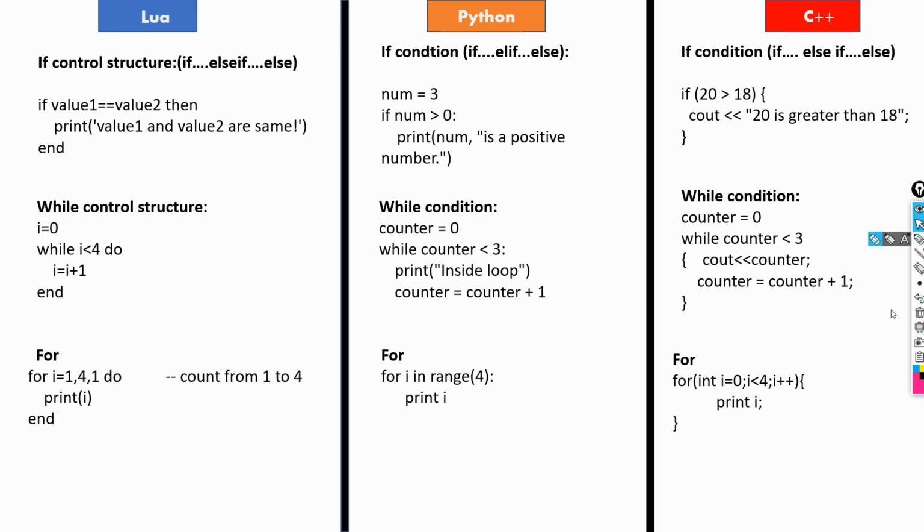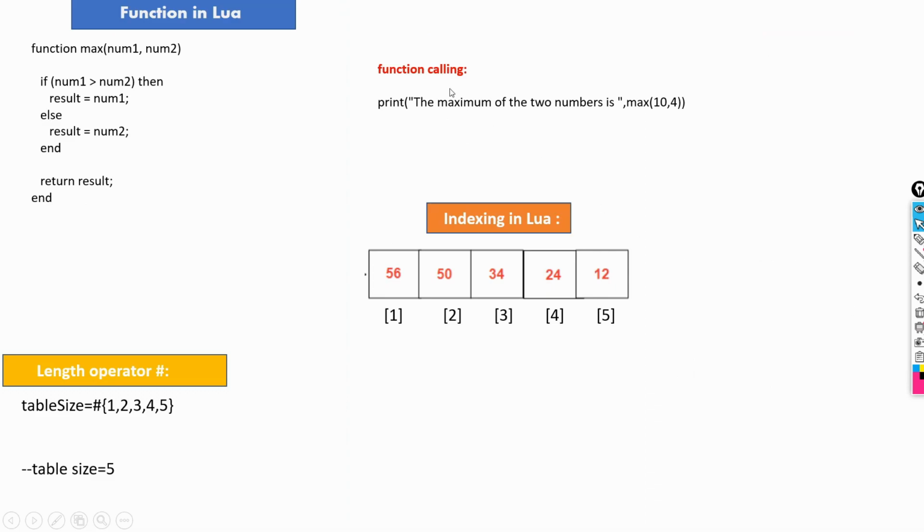Okay, next, some more important things. Functions in Lua. If you see the function in Lua, look, if you are from a C++ background, firstly you should notice that there is the word function written over here, which we don't write in C++, neither do we write this in Python.